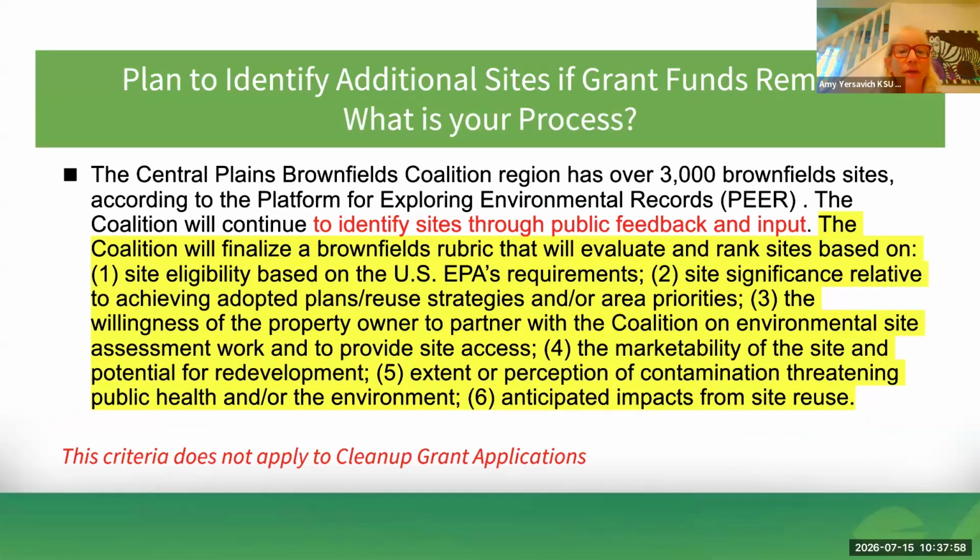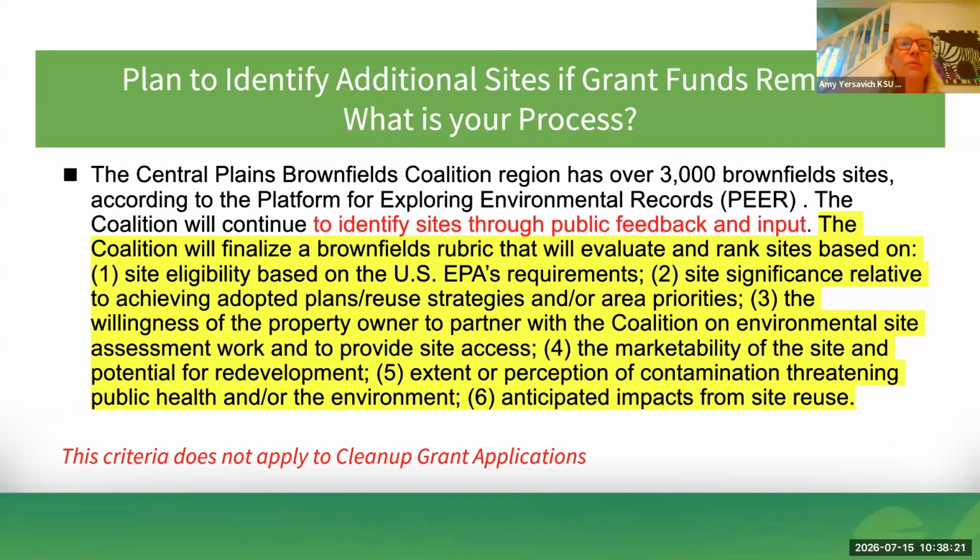Finally, we get to, in this section, your plan to identify additional sites. I've highlighted here on a successful application, the coalition will finalize a brownfields rubric. And this is if the coalition or your community-wide assessment has additional money.